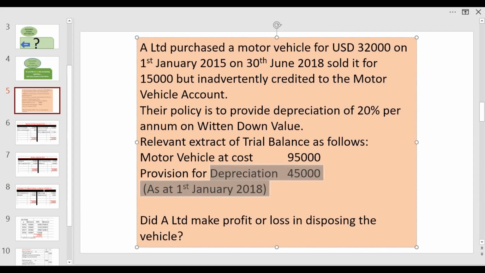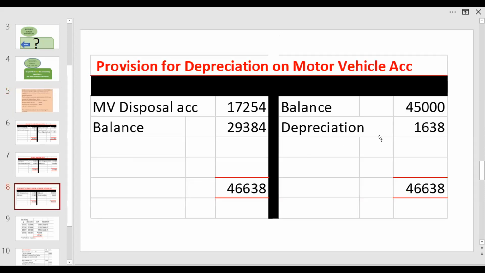So we go back to 45,000. Out of that, we have done two adjustments here. Initially, I will just go through that and I will explain to you.